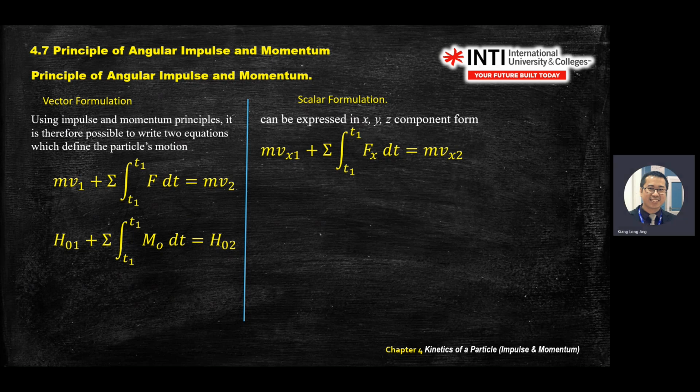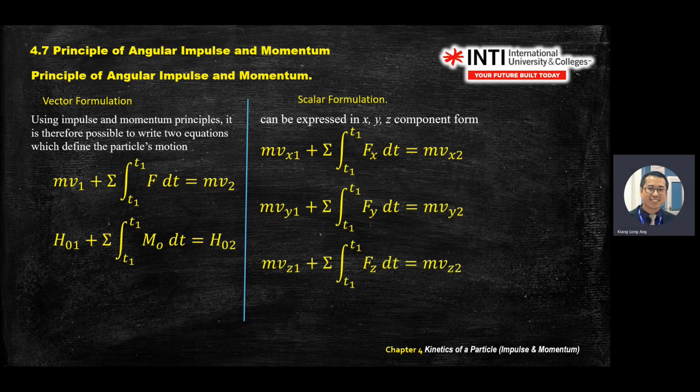This Ft is impulse, but it's in linear form. But when it becomes angular, you take H, an angular momentum, plus M dt is impulse already, right? Moment times time becomes angular impulse, equal to angular momentum after. Okay, so you know that a vector has a magnitude and direction, so you can break them into directions x, y, and z. Okay, same, same.